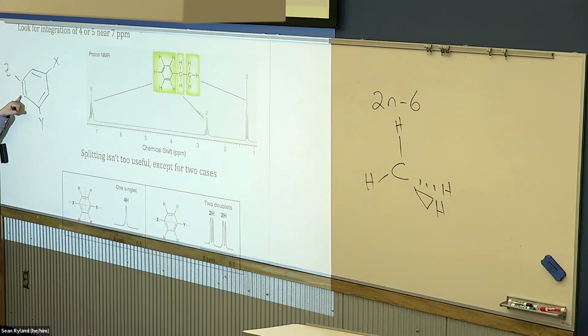But they also might be on top of each other. If X and Y are an isopropyl and an ethyl group, they're really close to the same splitting, right? And that would mean that this one and this one and this one all might be really close to each other, sitting on top of each other. Could it appear as a doublet if they're so close?